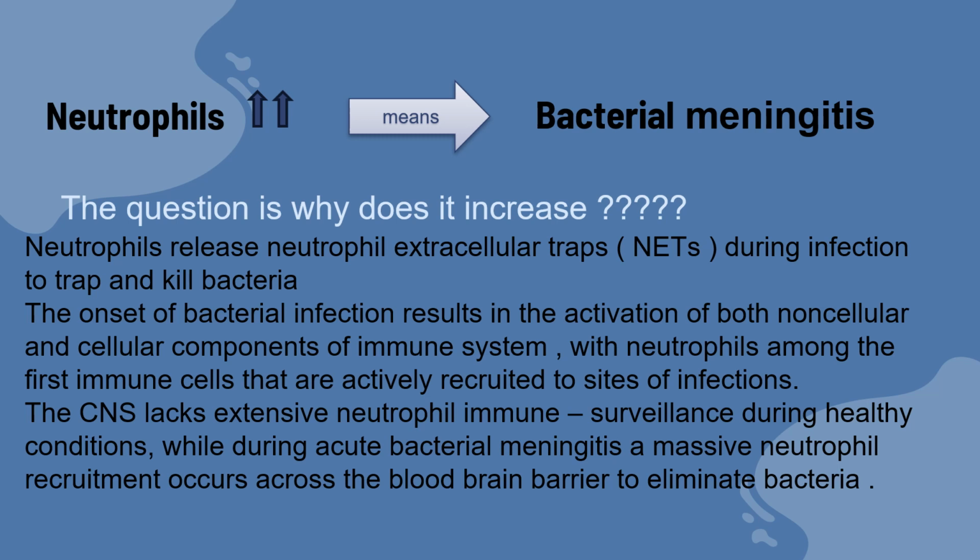The CNS lacks extensive neutrophil immune surveillance during healthy conditions, while during acute bacterial meningitis, a massive neutrophil recruitment occurs across the blood-brain barrier to eliminate bacteria.